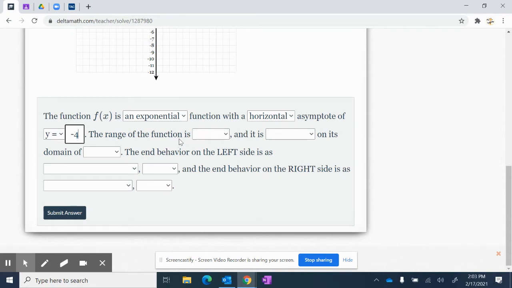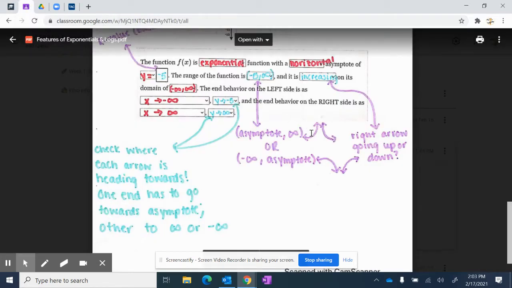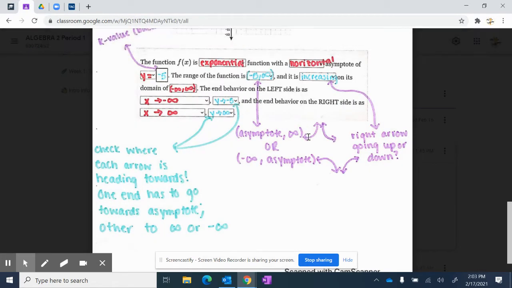Okay. The range of the function, I'm looking at what the graph looks like. So it is starting down here and increasing. So if I look at my notes, that matches this diagram. This first one I have drawn. So my range is going to be asymptote, comma, infinity.